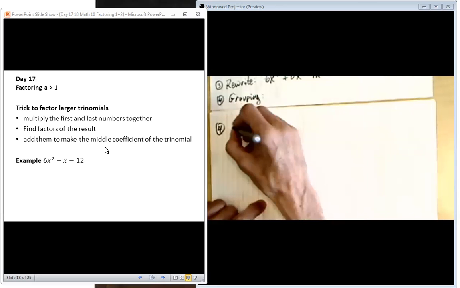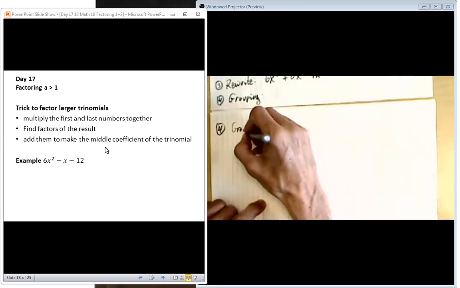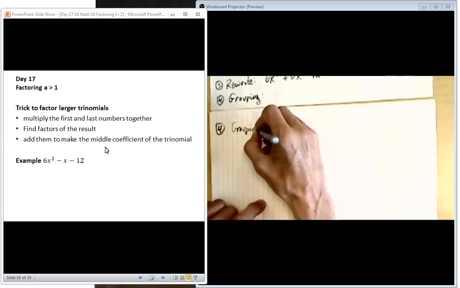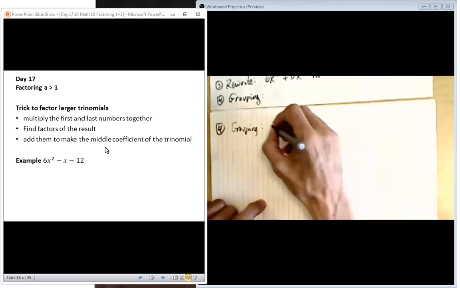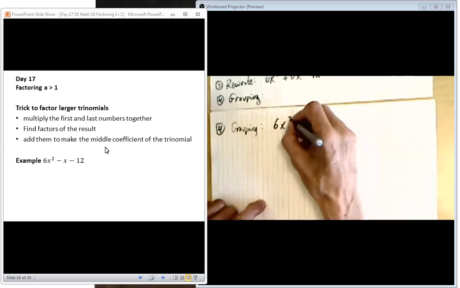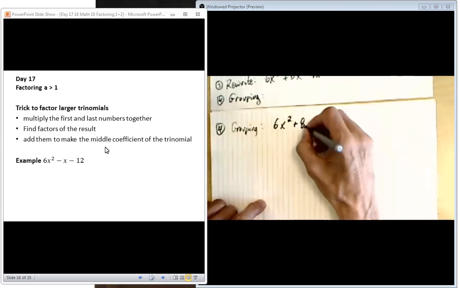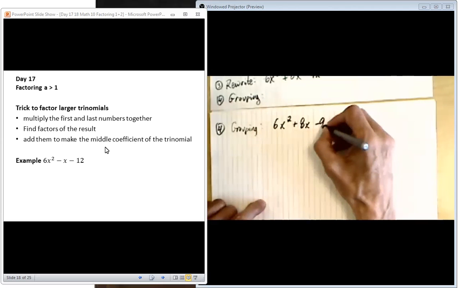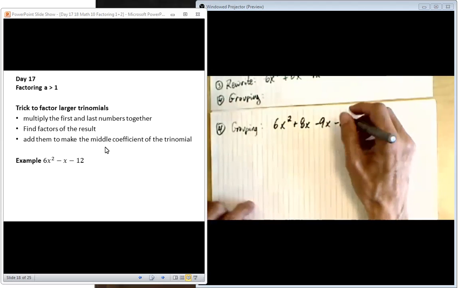Okay, so I'm just going to rewrite this. You guys don't need to. Grouping with 6x squared plus 8x minus 9x minus 12.